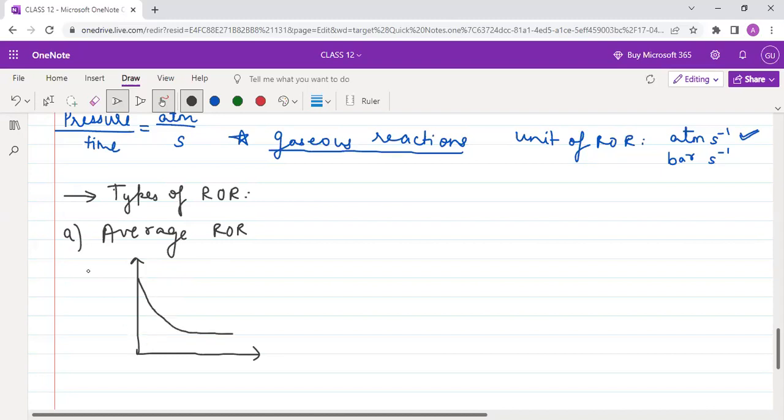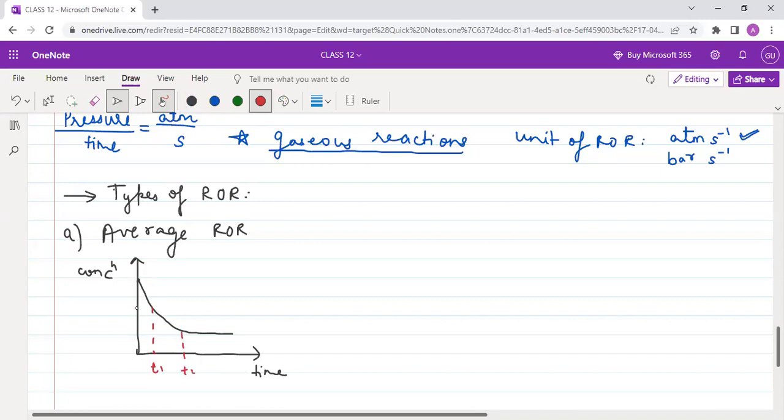Yes. So on the y-axis we have taken concentration, and on the x-axis we have taken time. And here it is the maximum concentration. Now, with time, you can see that the concentration is decreasing. So suppose we have taken two times. One is T1, and after some time, it is T2.